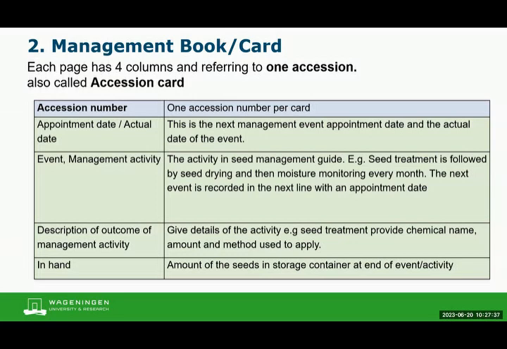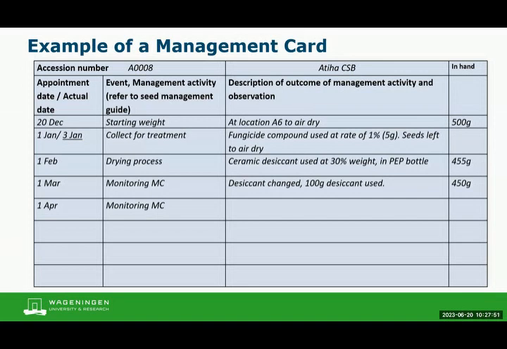So actually, it should have an appointment date, or the date at which something has to be done on that sample, and then description, all these things. Better, I will give you an example so that you can understand it better. You can see here an example of a management card. Let me start annotating so that you can understand this better.